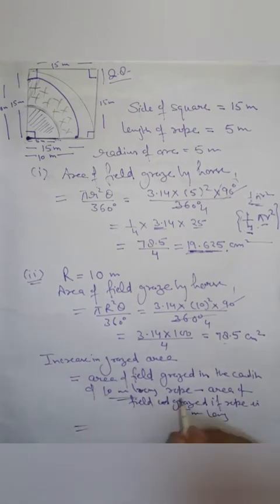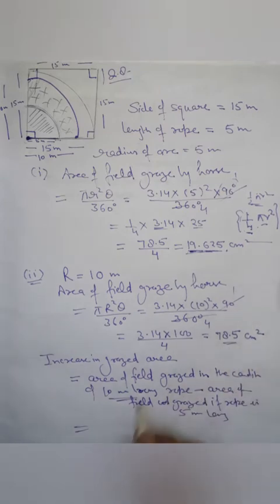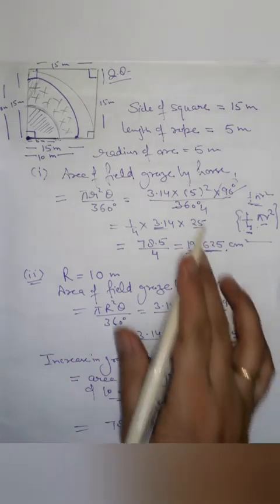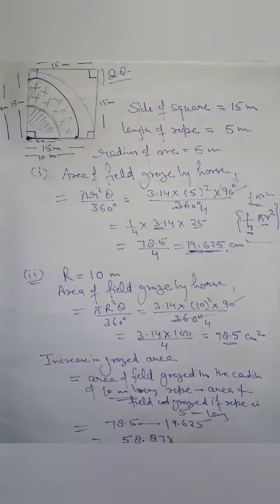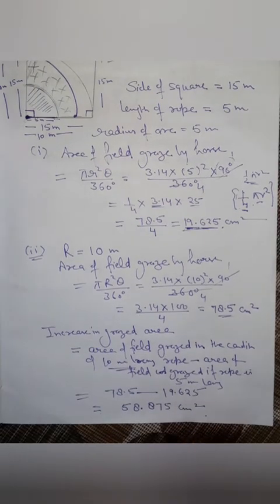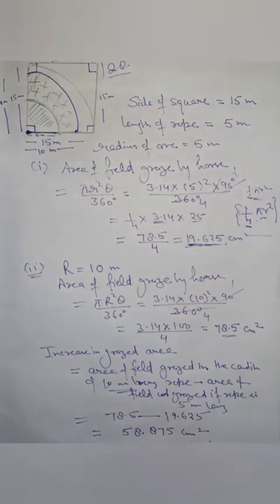So 10 meter long rope means area is 78.5 and 5 meter long rope 19.625. We get 58.875 centimeter square.